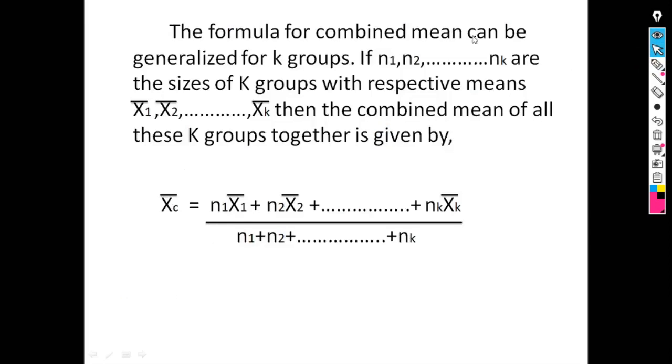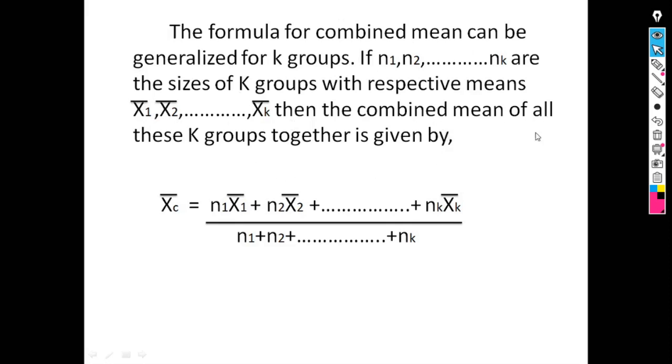The formula for combined mean can be generalized for k groups. If n1, n2 up to nk are the sizes of k groups with respect to means x1 bar, x2 bar up to xk bar, then the combined mean of all the k groups together is given by, means you have k observations, that is n1, n2 up to nk, and their arithmetic means are x1 bar, x2 bar up to xk bar.